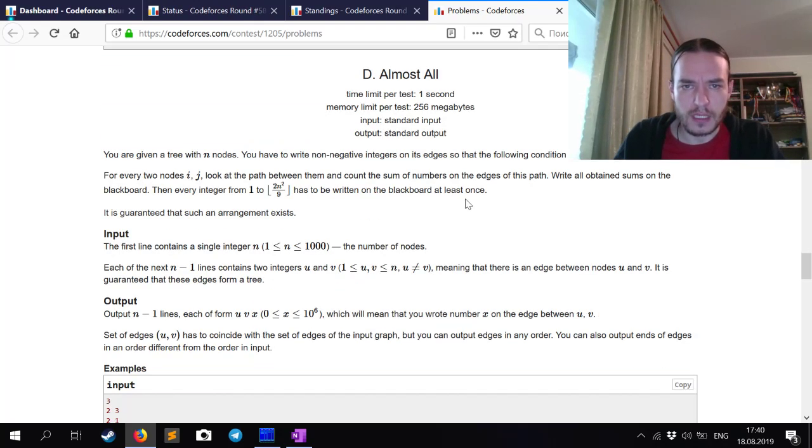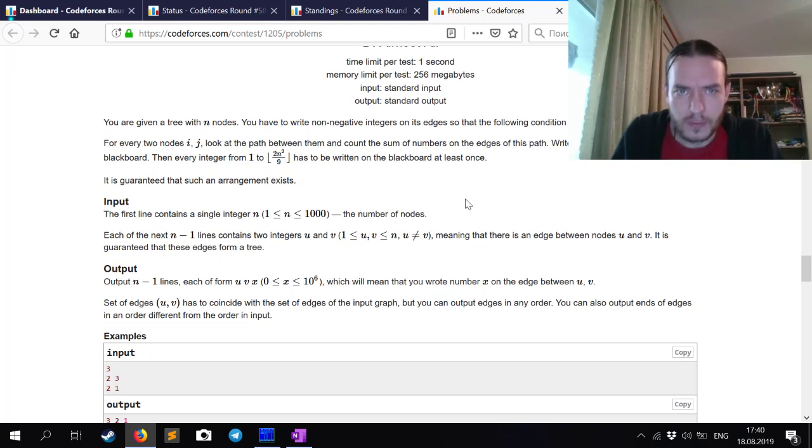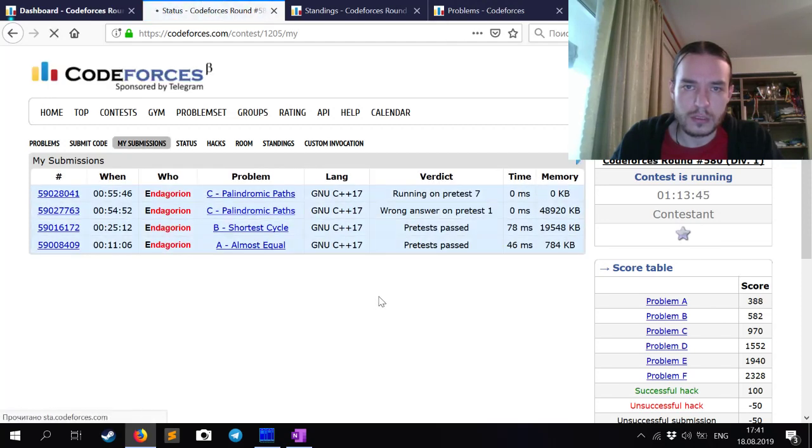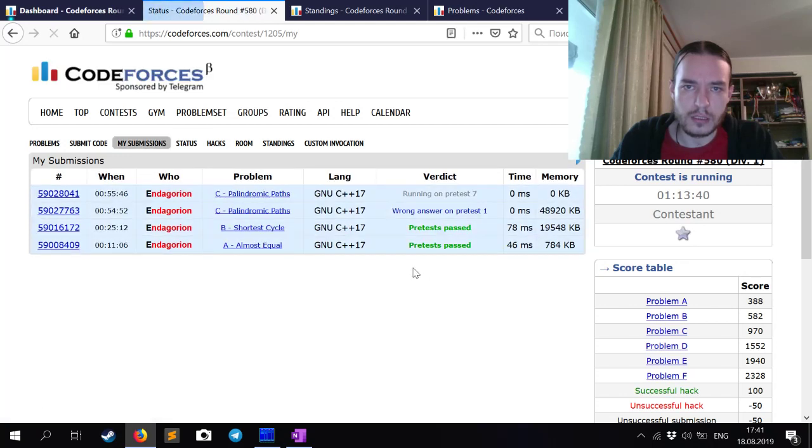So okay, let's look at D. We have a tree. We have to write okay. So it seems fine. This pretest is kind of slow.